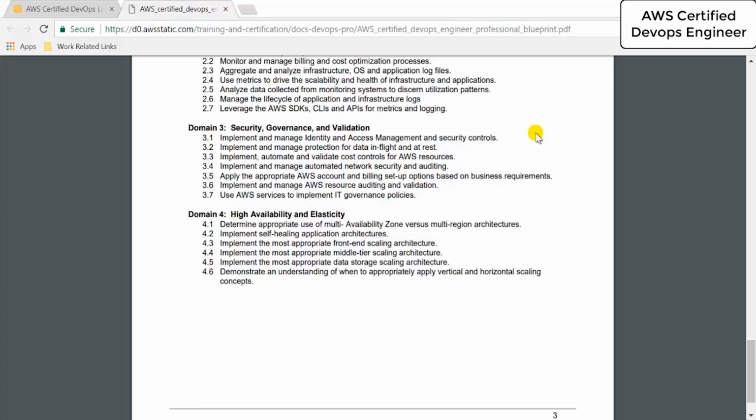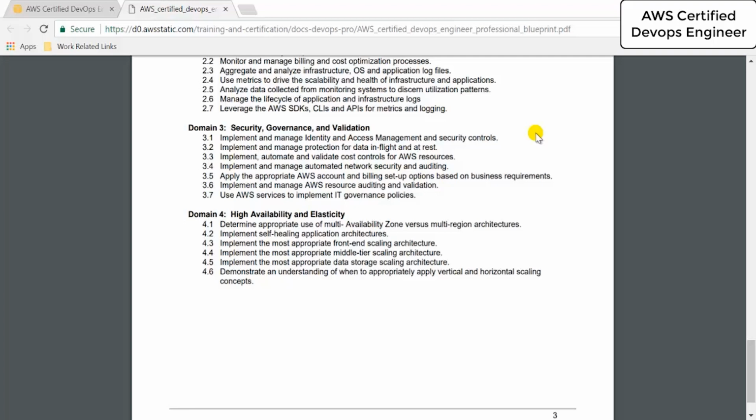Now the fourth domain will be high availability and elasticity. So this will be: determine appropriate use of multi availability zone versus multi region architectures, implement self healing application architectures, implement the most appropriate front end scaling architecture, implement the most appropriate middle tier scaling architecture, implement the most appropriate data storage architecture.